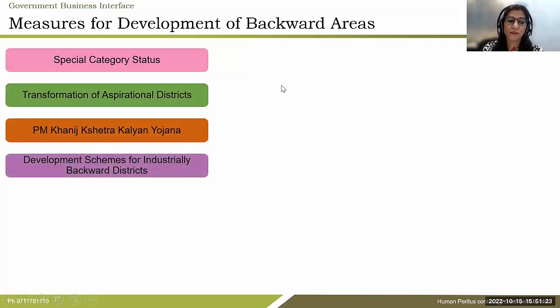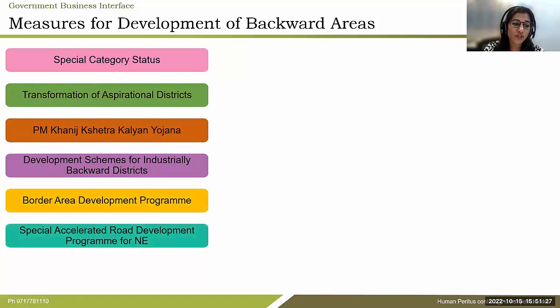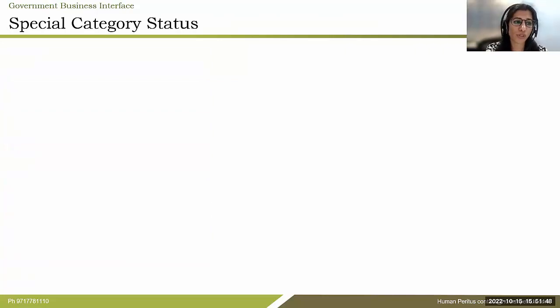Development schemes for industrially backward districts. Border area development program. Special accelerated road development program for Northeast. And programs for the Naxal affected districts. All right. So these all are the various measures, and among others, these are the basic and the special ones which have been developed by the government from time to time.